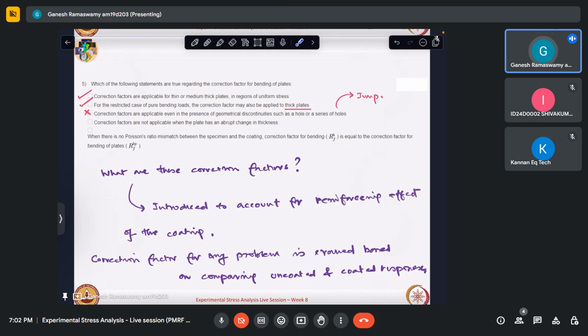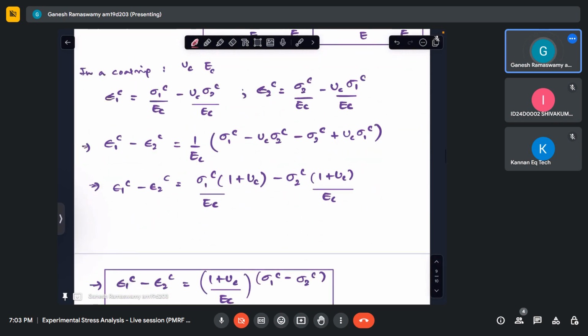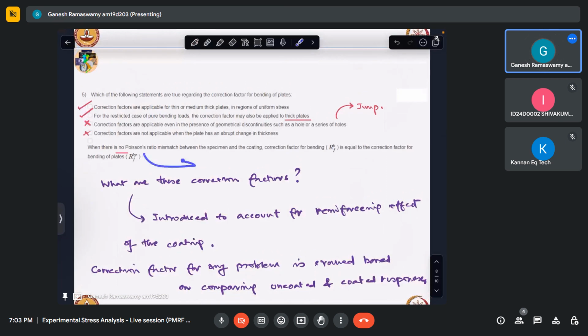When there is no Poisson's ratio mismatch between the specimen and the coating, the correction factor for the bending is equal to the correction factor for the bending of plates. Now, this is more to do with plate theory. In general, for the bending stiffness of a beam, we have 12EI by L cube.